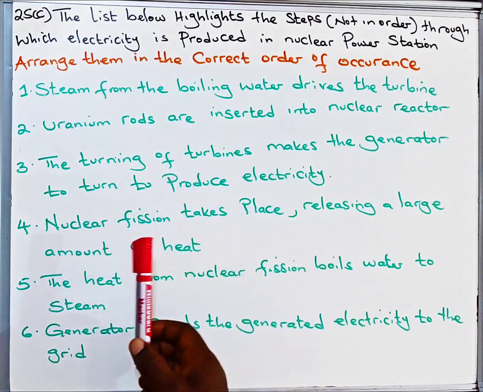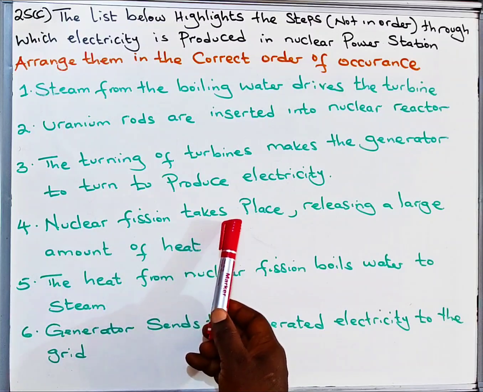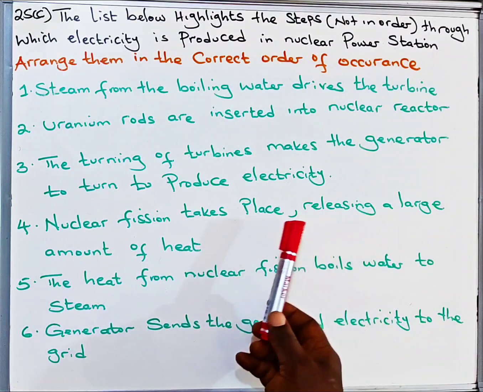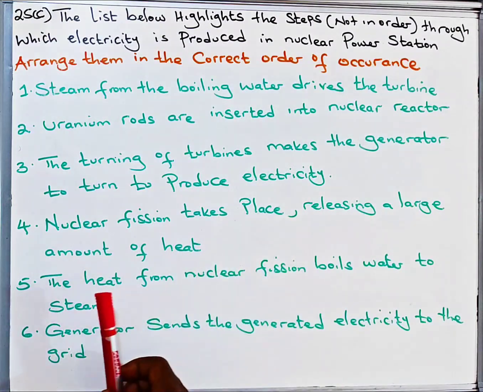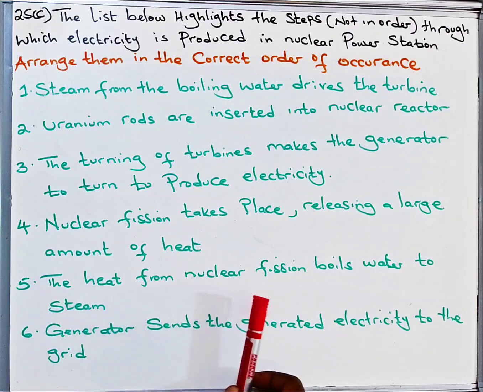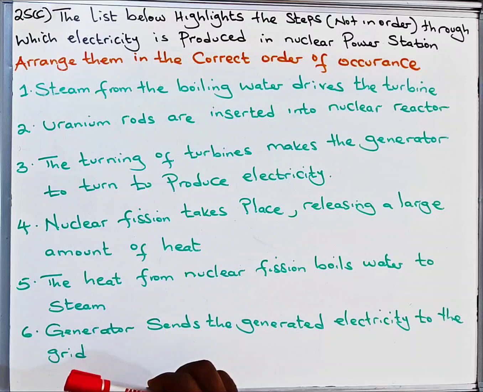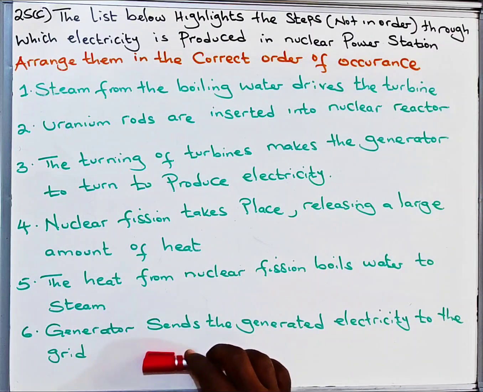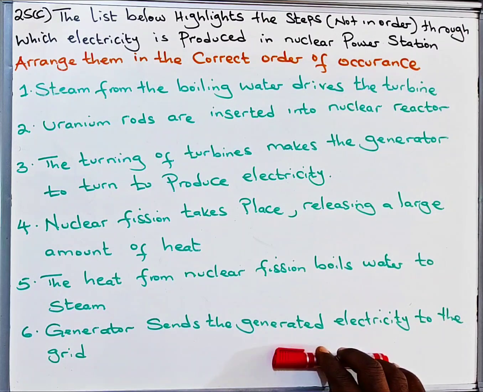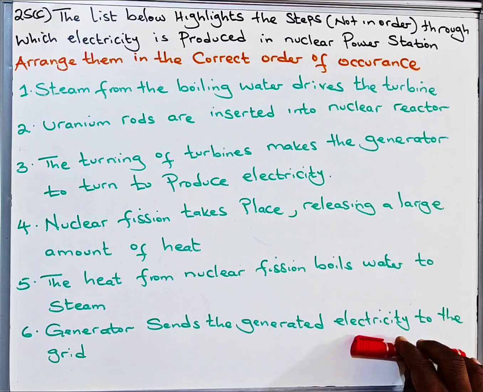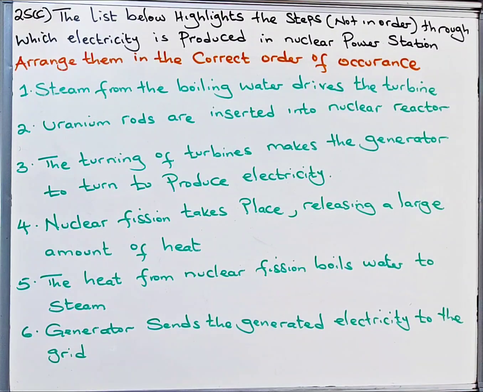Nuclear fission takes place, releasing a large amount of heat. The heat produced from fission boils water to steam. Then the generator sends the generated electricity to the grid. So which one comes first?